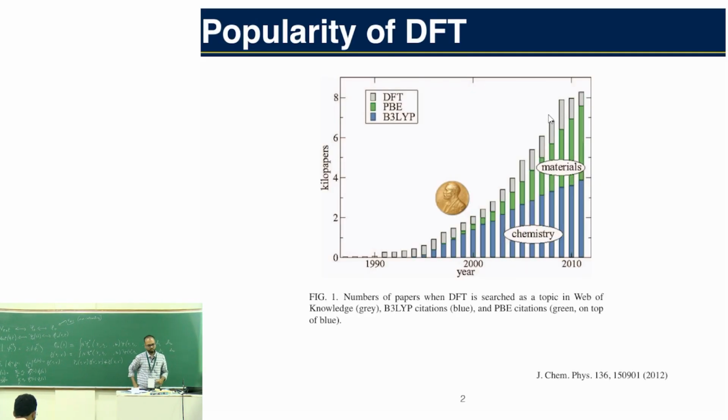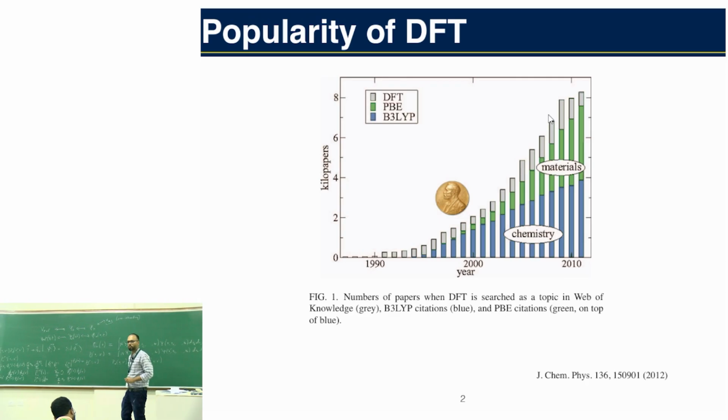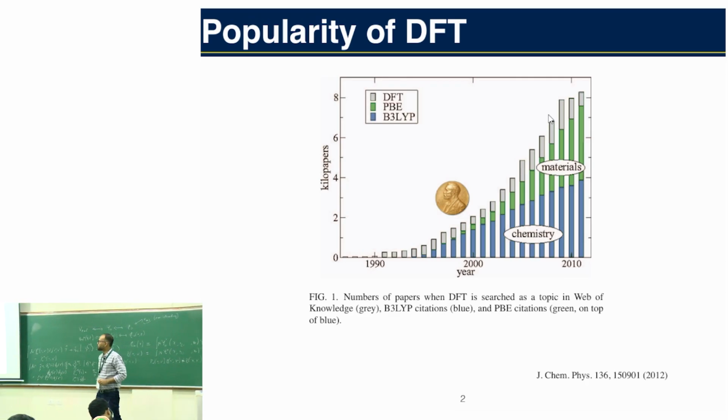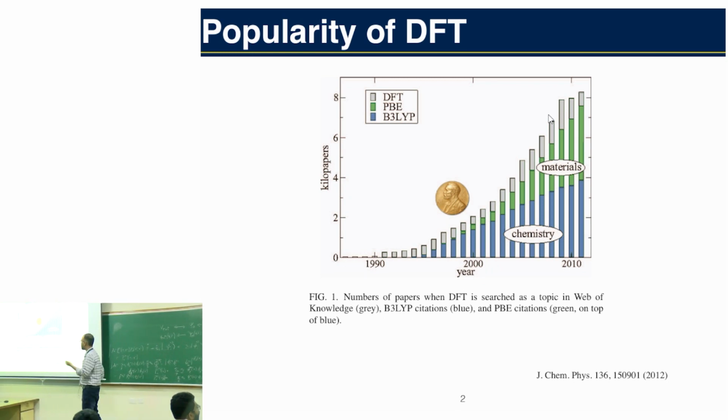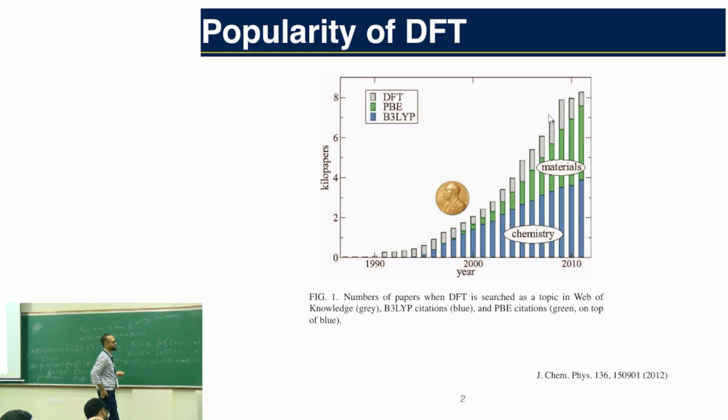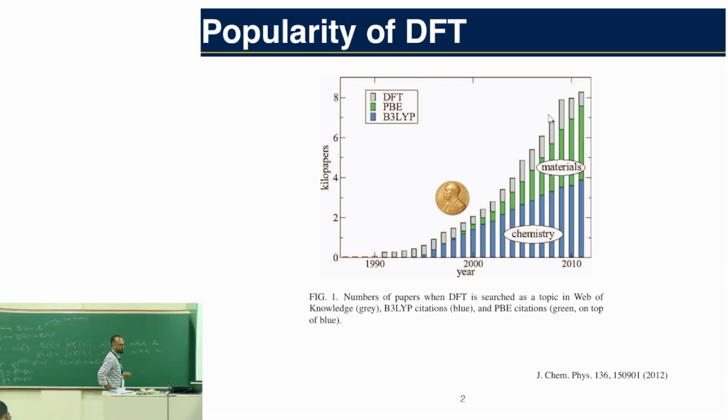So we all know that density functional theory is quite popular. It is used very extensively in chemistry and in material sciences and any other fields where you need some sort of property of a substance. And as you know, over time, this has really increased quite rapidly.